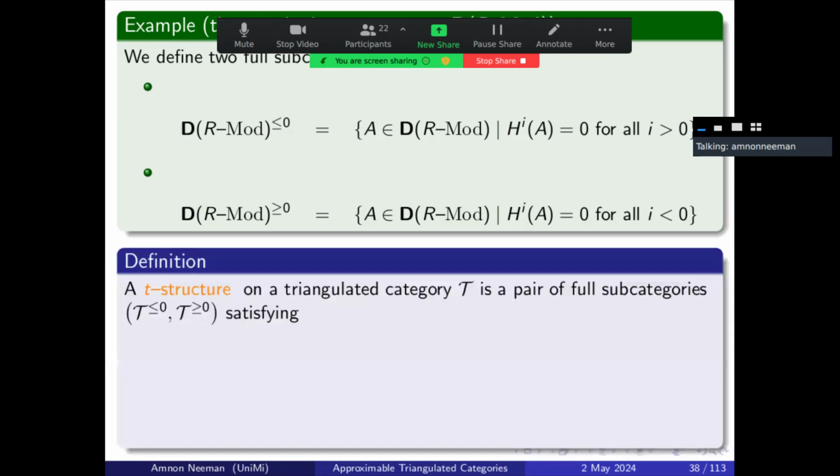Anyway, the general definition of a t-structure is that on the category T, you give a pair of full subcategories, the positive and the negative. And the important property for us is that if you take the negative objects and shift them, then you stay inside the negative objects.